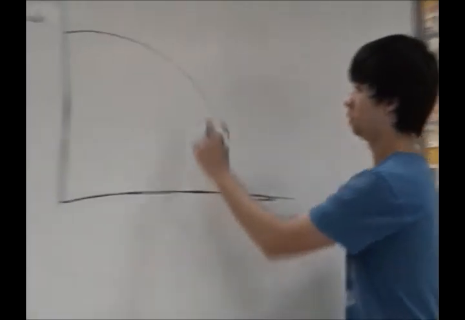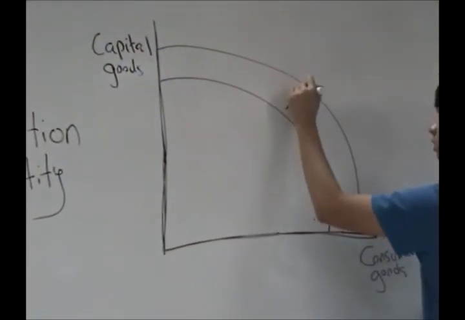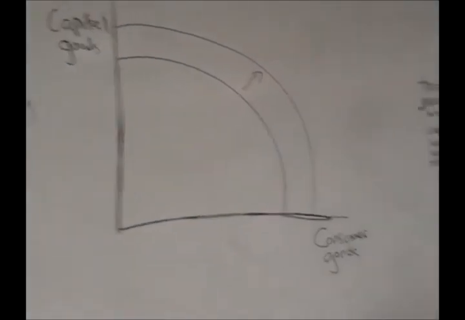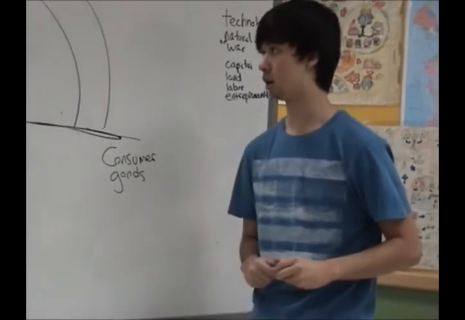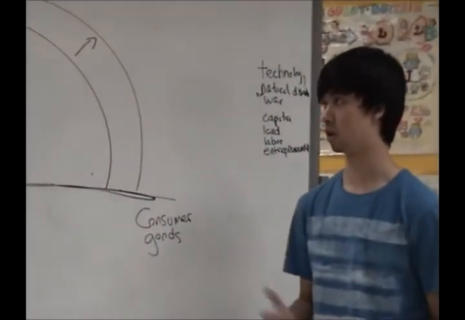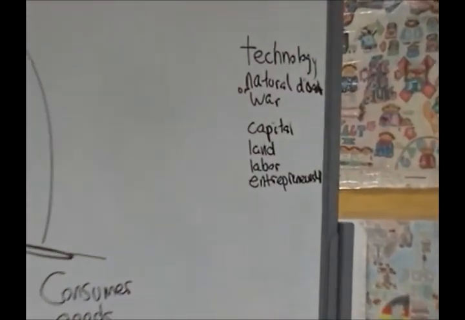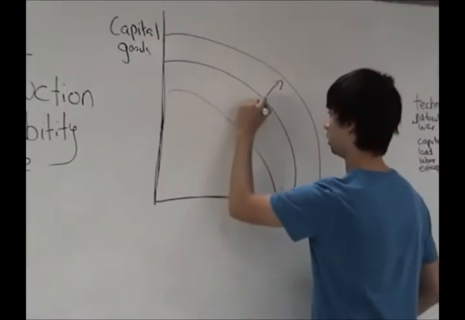An outward shift of the PPC would look something like this. Things that would cause that are things like improvement in technology, because that would increase production, or things like natural disasters or war, that would create an inward shift of the PPC.